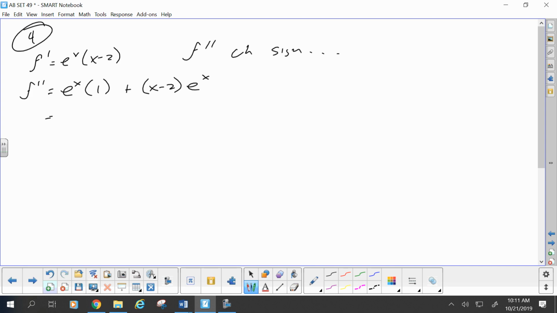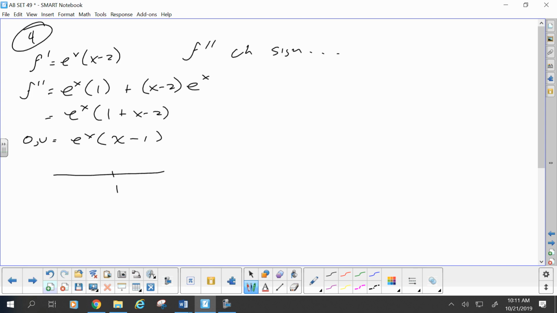To find where it changes sign, I need to find where it's 0, but I probably want to clean this up. Pull out an e to the x, leaving you 1 plus x minus 2, or e to the x times x minus 1. So surely this changes sign around x equals 1.